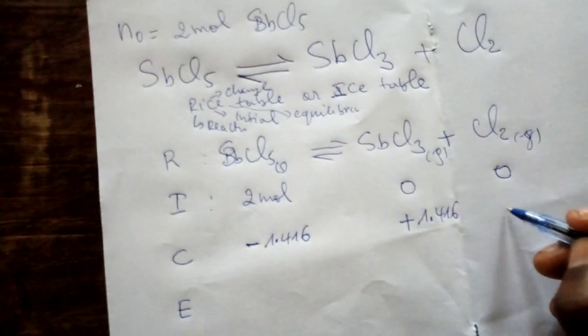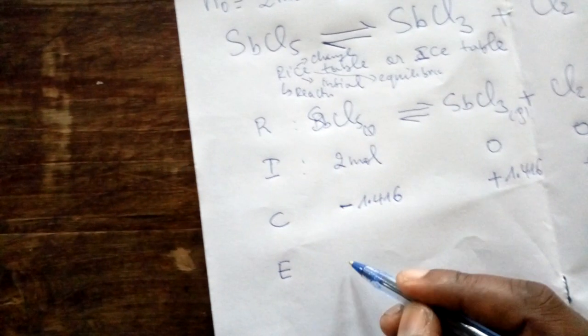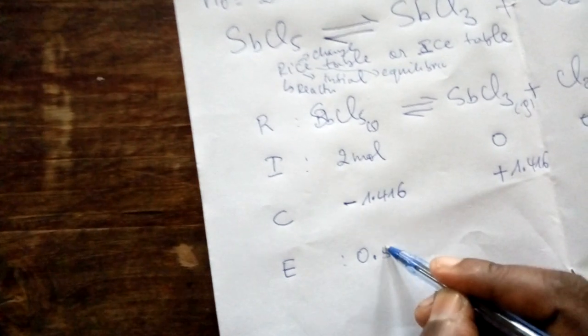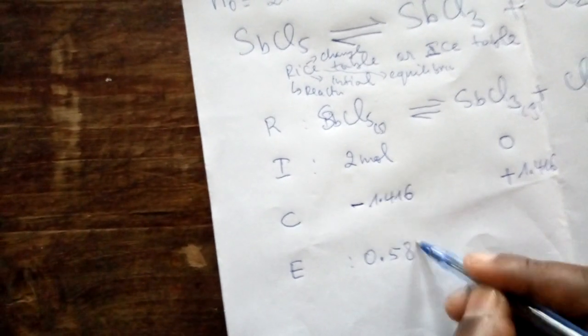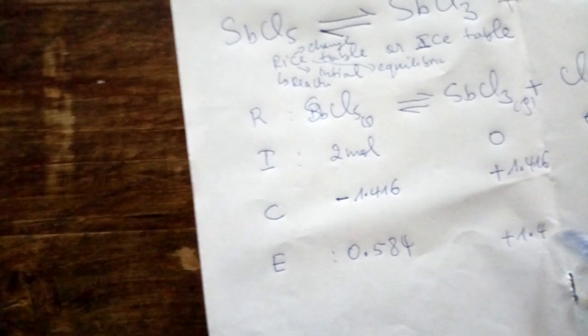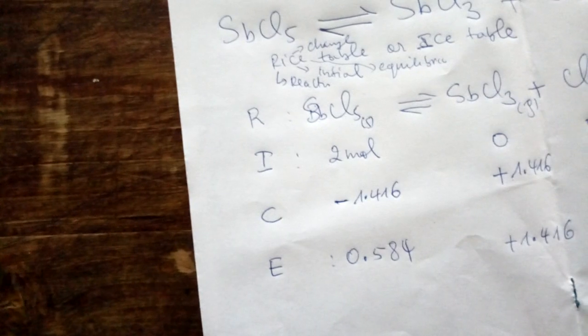Here there is plus 1.416, and the remaining at the equilibrium will be 0.584, and here it is plus 1.416, here plus 1.416. Those are numbers of moles.